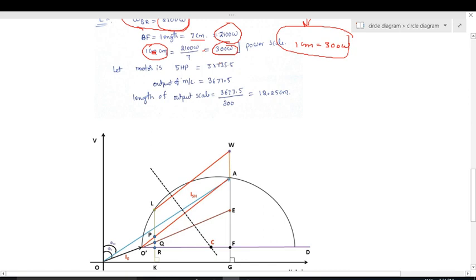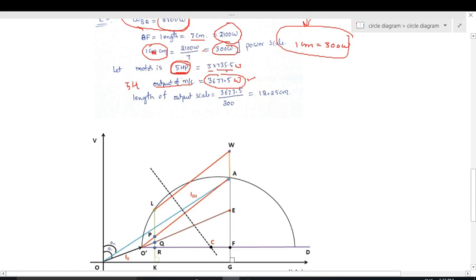Next point: for example, in the nameplate details, they will give a 5 HP machine. Generally, 5 HP is 5 into 735.5 watts. This is the output, the exact output after the losses. The product 5 into 735.5 gives 3677.5 watts.